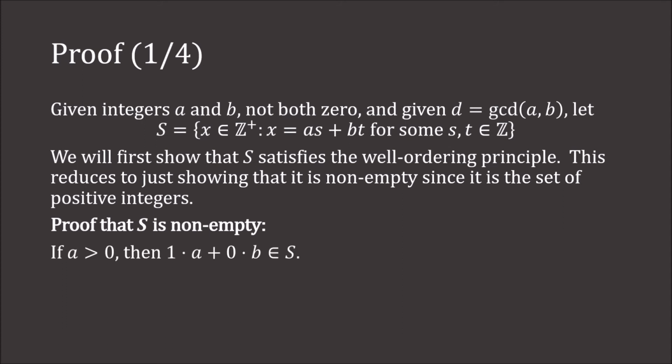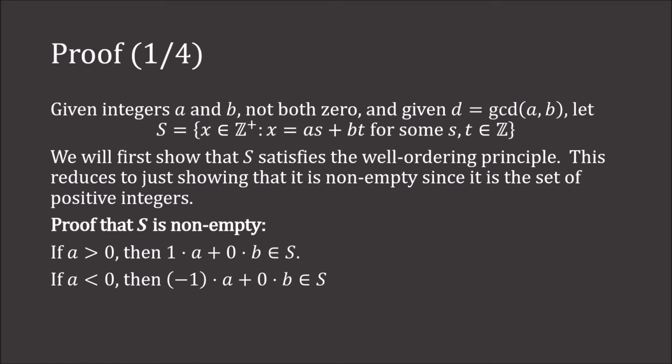If a is greater than 0, then we can write 1 times a plus 0 times b, and this is clearly in S. If a is less than 0, then we can write negative 1 times a plus 0 times b.